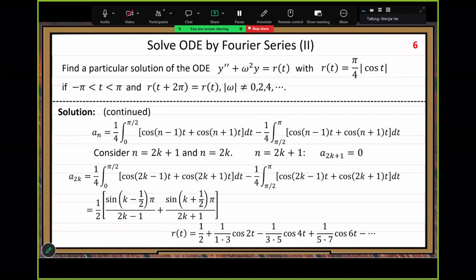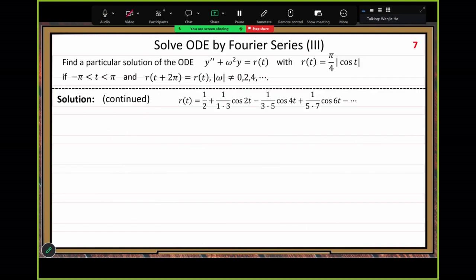Each term is easy to calculate. Then we apply the sum rule, and we get a complete solution. That is the idea.